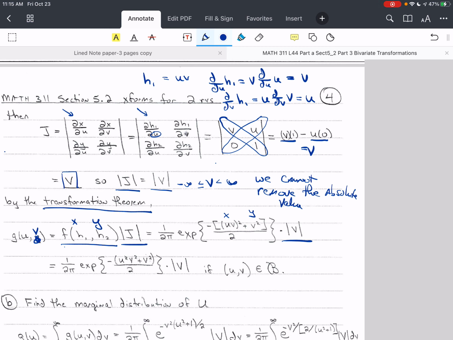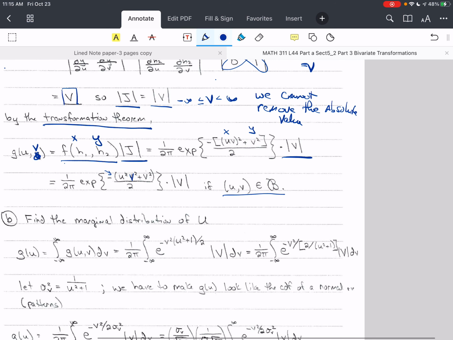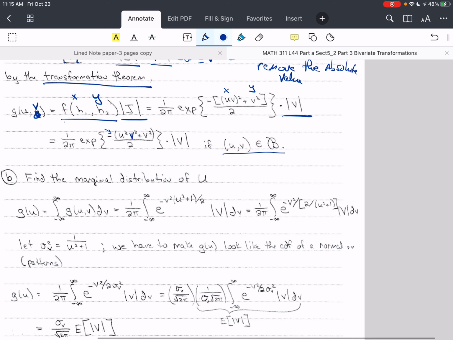And so we have u squared v squared, plus v squared in the exponent here. And then we have to say that u and v are in B, the joint range of u and v, which we specified earlier, which is the xy plane, okay?